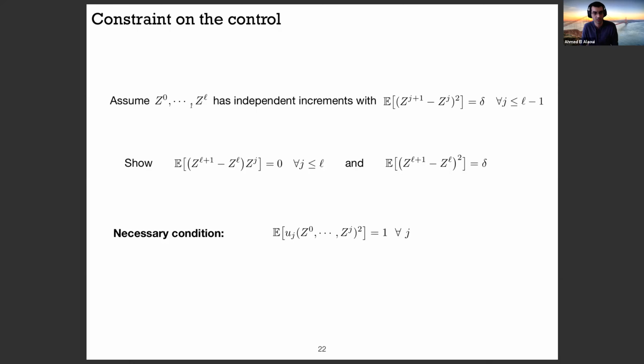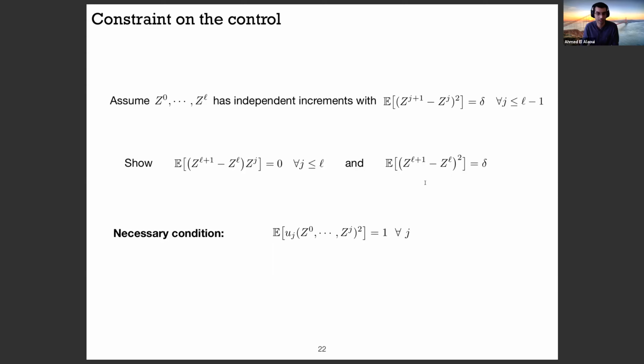So assume that you have a sequence up to time L that has independent increments. These are Gaussian centered, and the increments have variance delta. Now you want to show that the next increment that you make in the algorithm will still verify this property. So we want to show that this increment is orthogonal to the previous instances, Zj, and that it has variance delta. So this is an inductive argument.